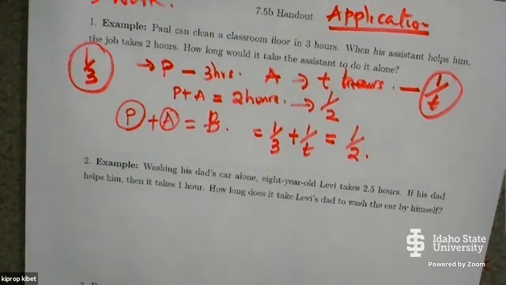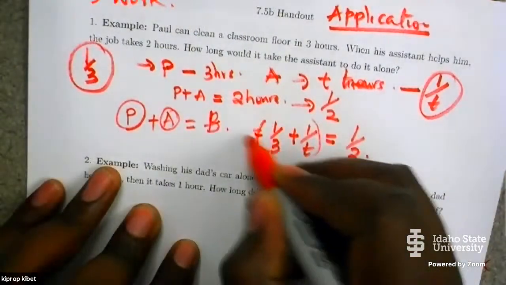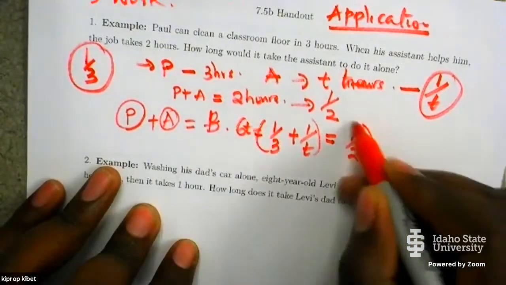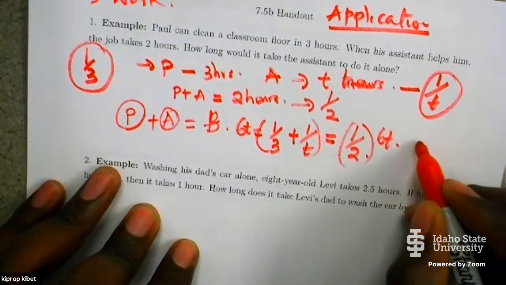So what is this T? We look for the LCD, so we multiply both sides by 6. So what do you get?